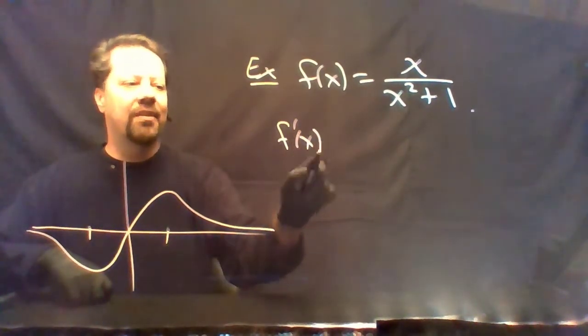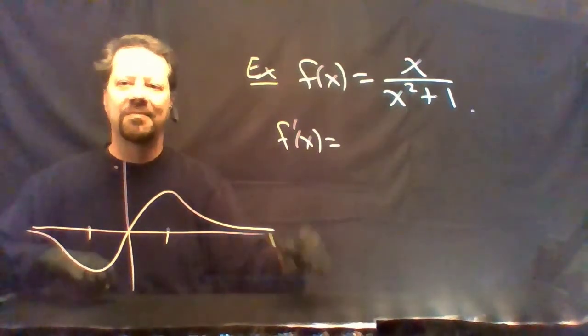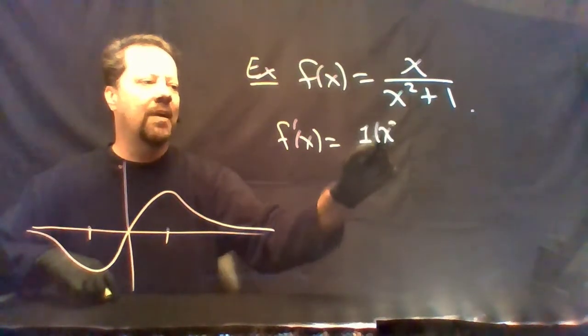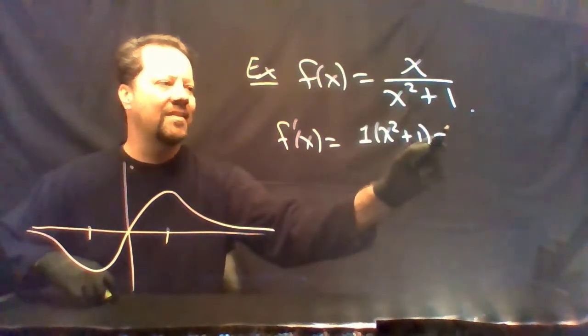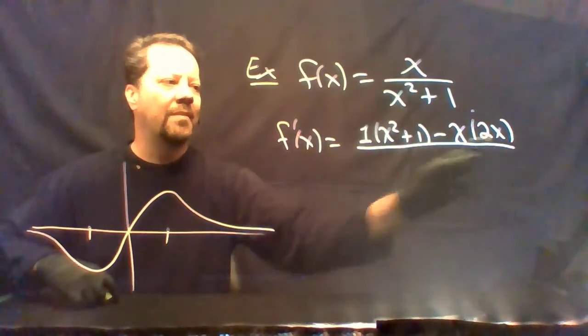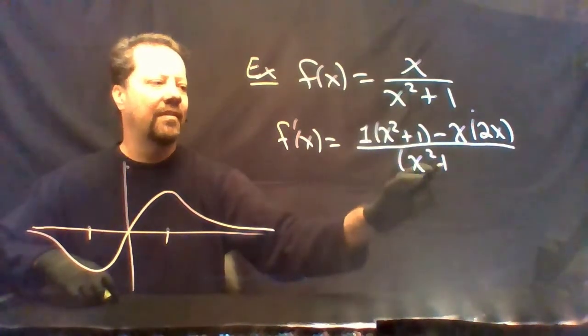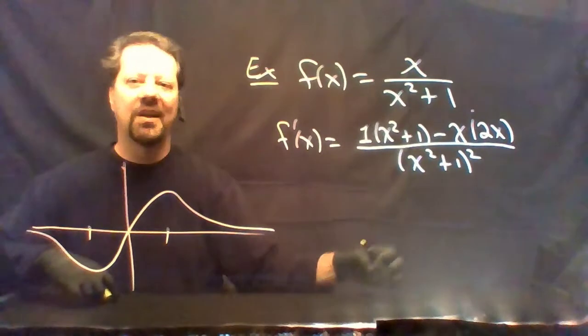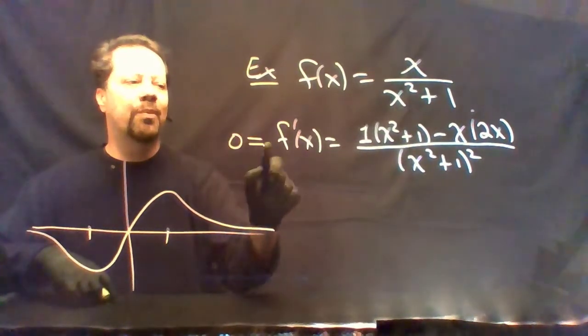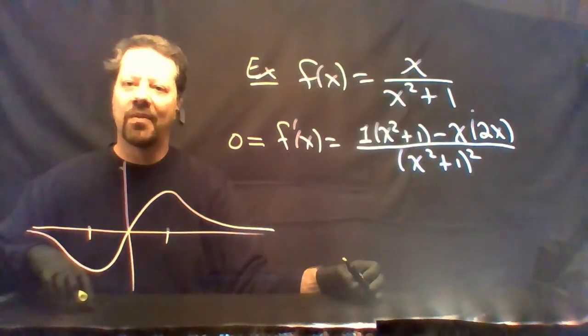Let's calculate the derivative and find out. The derivative of the top is 1 times the bottom minus the top times the derivative of the bottom over the bottom squared.